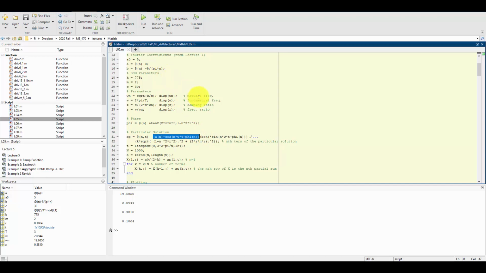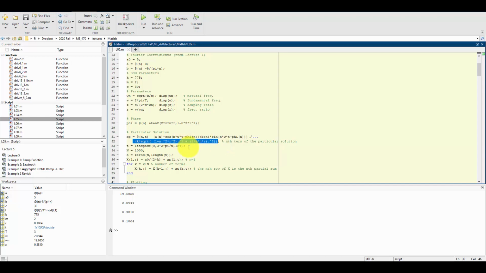And then the numerator with the b terms and the sine and the phi. So that will be non-zero for this one. And then that lengthy denominator. So you can look back at the slides, you can look back at the handwritten work. That's where this is coming from. Again, this is just for the stuff inside of the summation.